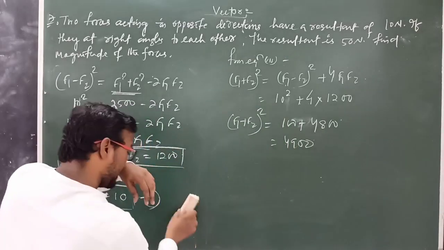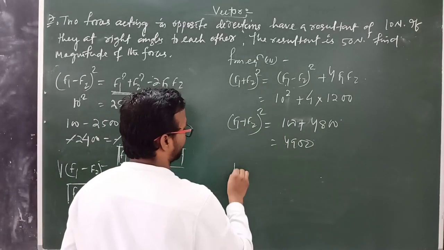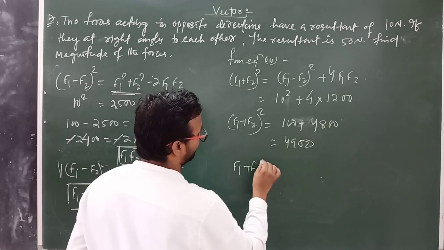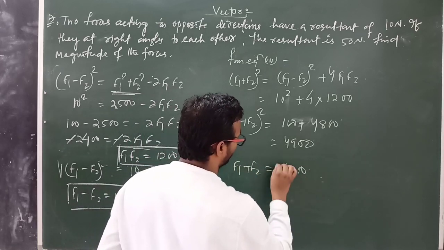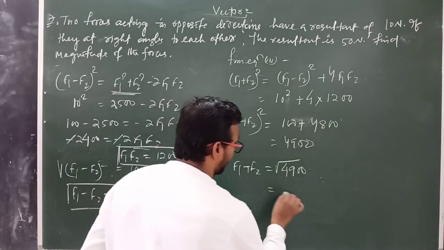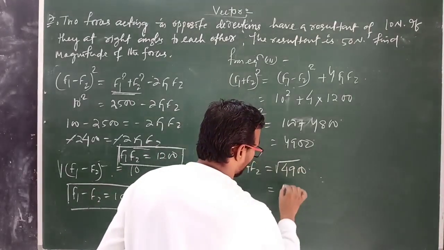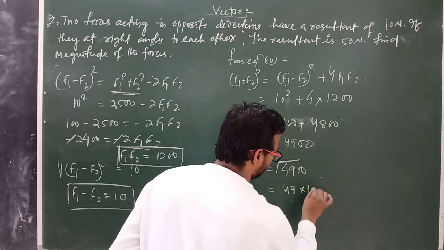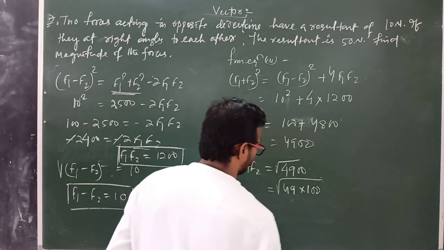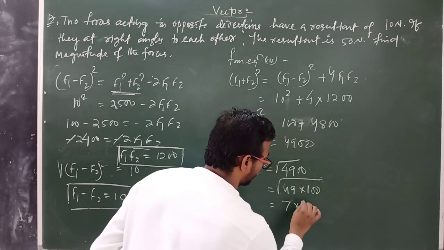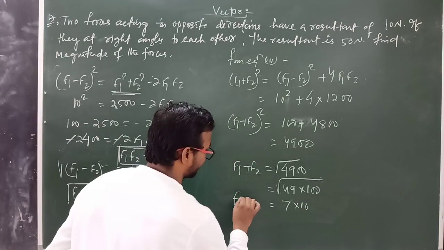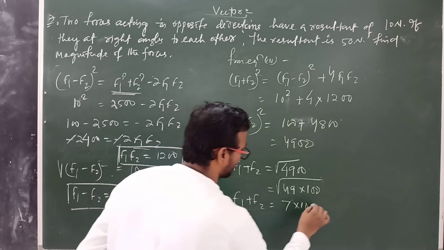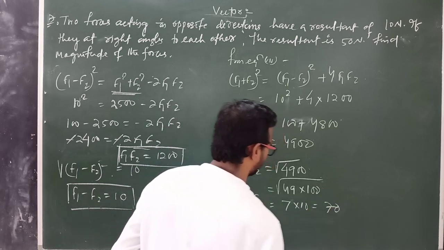So f1 plus f2 equals the square root of 4900, which is the square root of 49 into 100, equal to 7 into 10. Clear? And here f1 plus f2 equals 70 Newton.